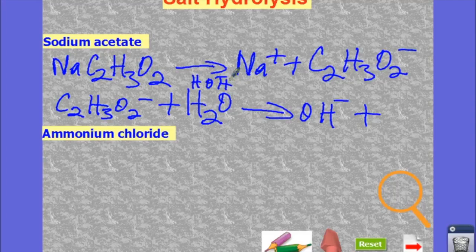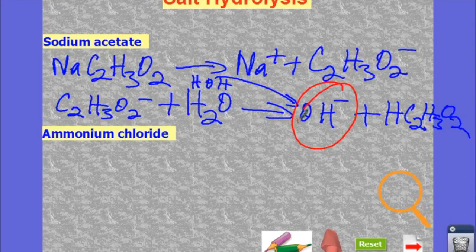That OH is coming from the water, and we have an H left that we add to that acetate to produce HC2H3O2. The explanation you give to show that salt is basic is to write that hydrolysis equation. Hydrolysis means breaking water, splitting water. You take that water, you split it, and you show it is basic because you form hydroxide. This is the explanation why that salt is basic, because you produce hydroxide in water.